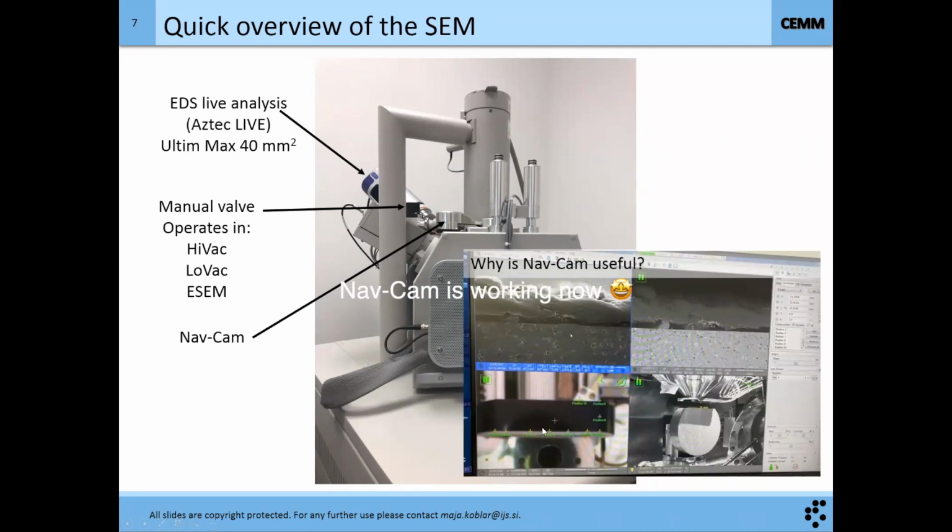Because you get an optical image and you can save the coordinates where you did the analysis, and then correlate that with the images. It's really fast. Similarly, the EDS has the possibility to import an optical image, either from your phone or something like that, and you can also correlate where you did the analysis.